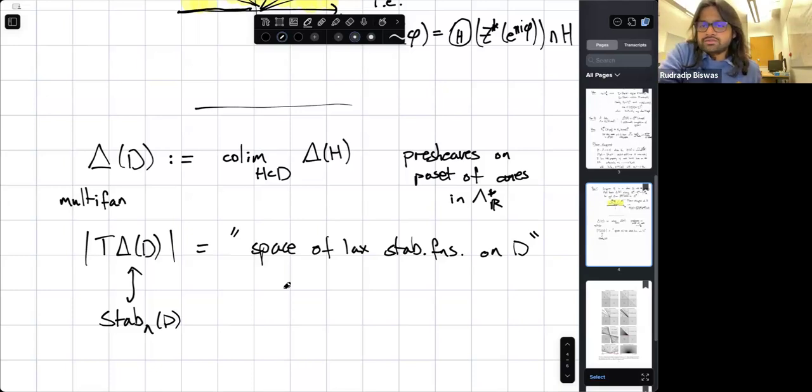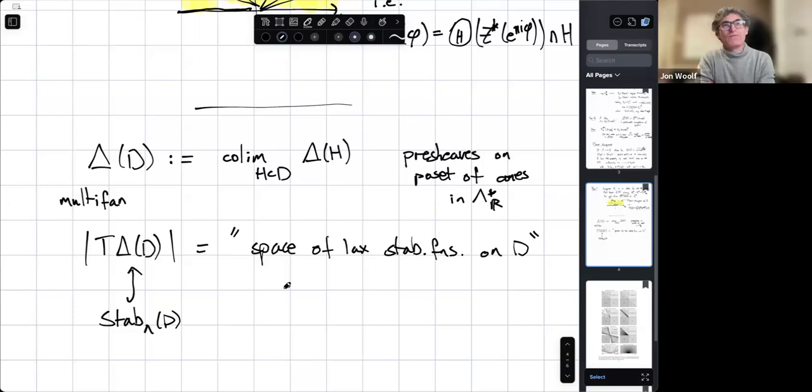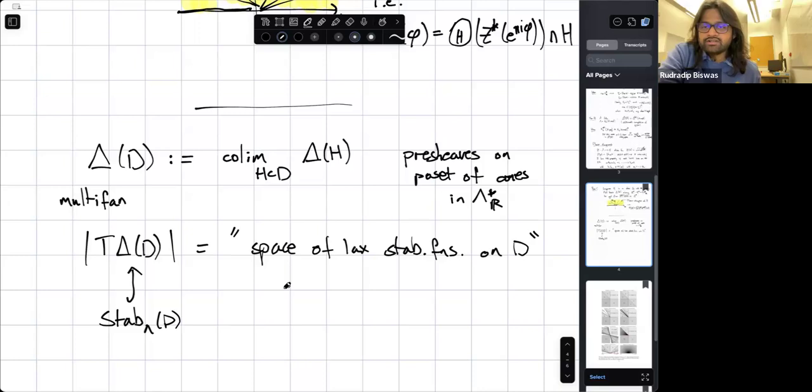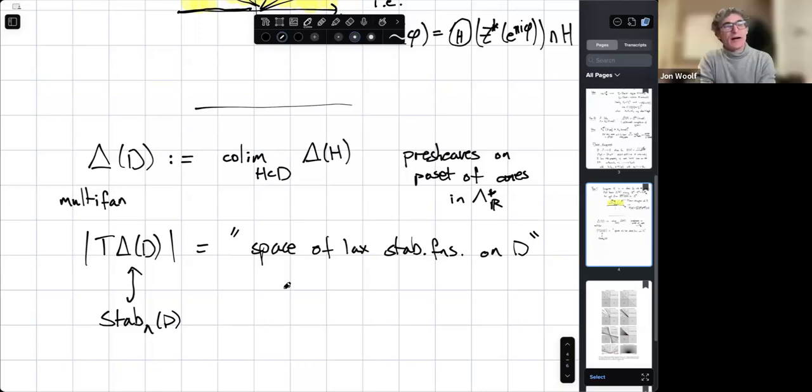Are these co-limits computable? I mean, it looks very abstract. That's why I'm asking. Yeah, it's very abstract. I think the fact that the stability space sits inside there tells you that this will be hard to compute, right?